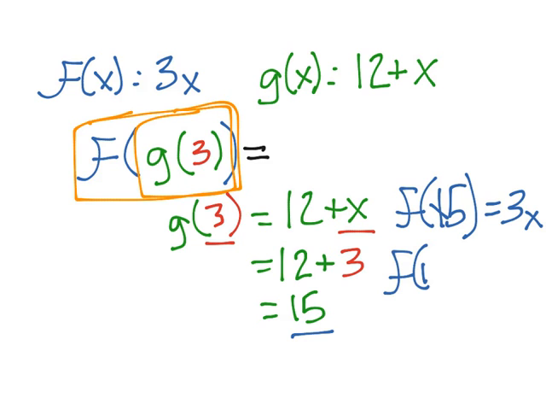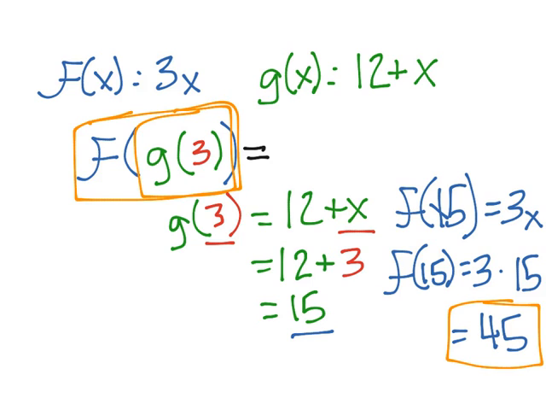So f of 15 is equal to 3 times 15, or 45. This is the two-step method that gives us the final result of 45. This means that f of g of 3 is 45.